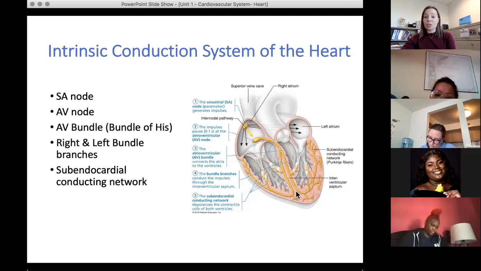So once you reach the bottom of the septum, you guys see how these branches go up into the left side, up into the right side of the ventricular wall. So they spread up through the ventricular walls, and then that triggers ventricular contraction. So once the action potential reaches those fibers, the ventricles will contract.